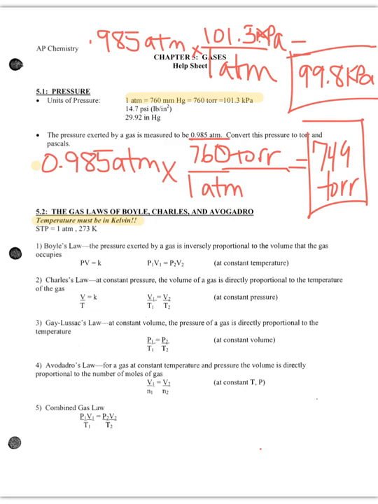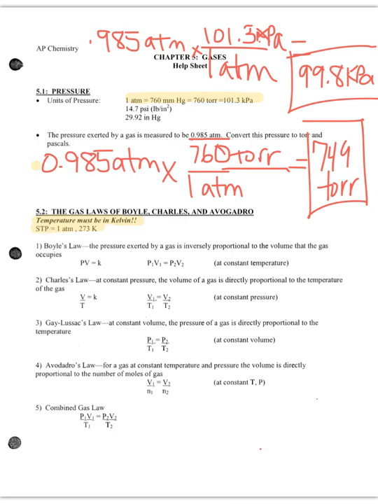Remember, to go from Celsius to Kelvin, what do you have to do? Add 273. Also in AP Chem, you should be familiar with our STP values. STP once again stands for standard temperature and pressure. Those are the standard temperature and pressure values that we use in AP Chemistry.